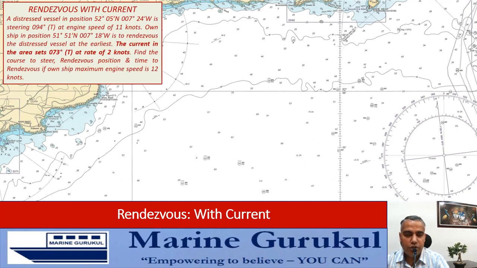We have the question on the screen now. A distressed vessel in position 52 degrees 05 minutes north, 007 degrees 24 minutes west is steering 094 degrees true at engine speed of 11 knots. Own ship in position 51 degrees 51 minutes north, 007 degrees 18 minutes west is to rendezvous the distressed vessel at the earliest.